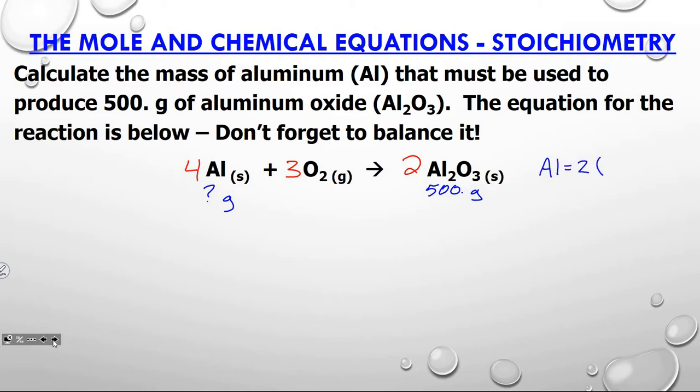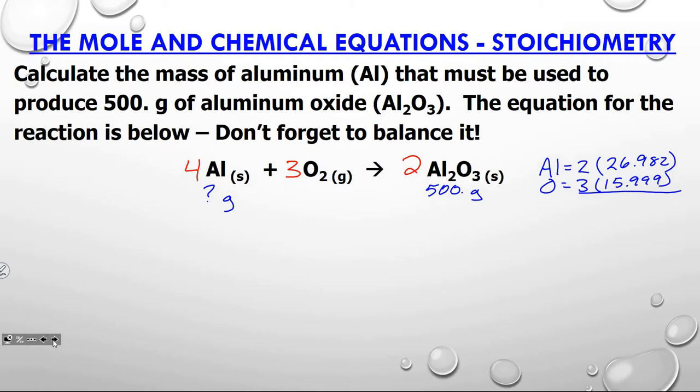So 2 times aluminum, aluminum's 26.982, and oxygen, 3 times 15.999, and I add those up real quickly. Nope, you don't do the 2 in front, just the formula mass itself. Okay, we'll do the ratio in a minute.